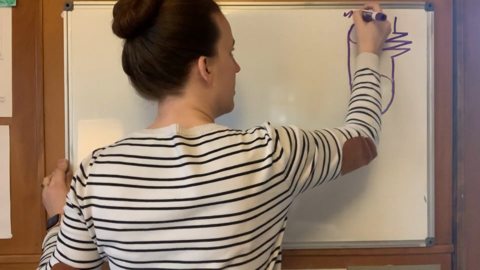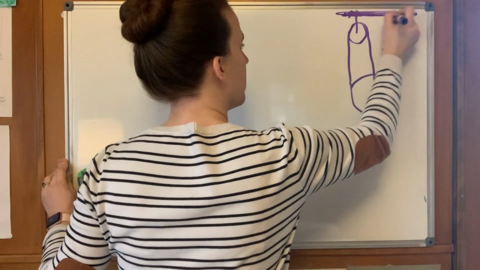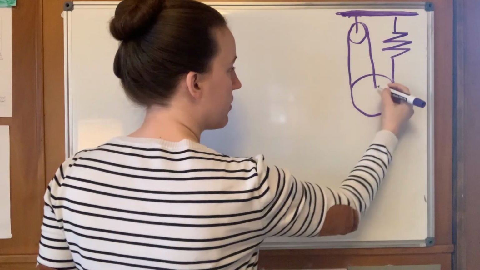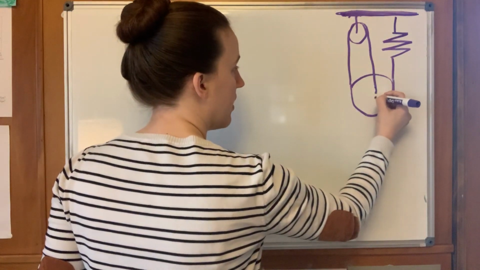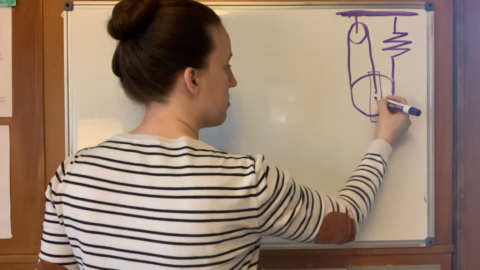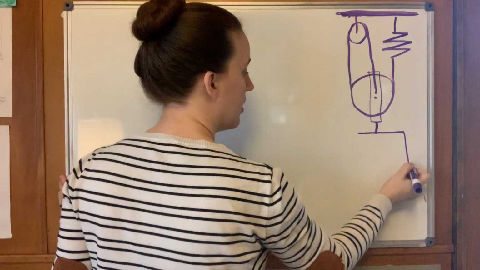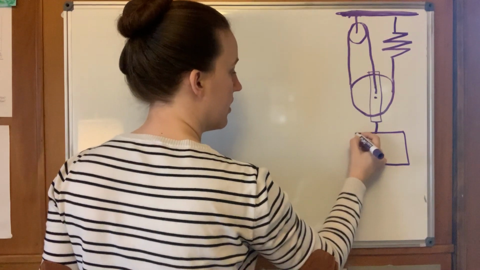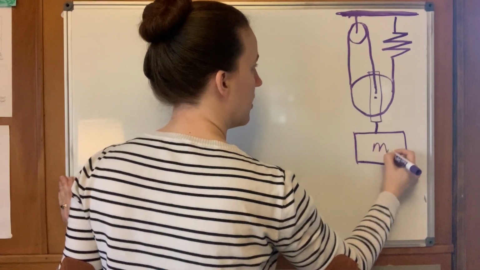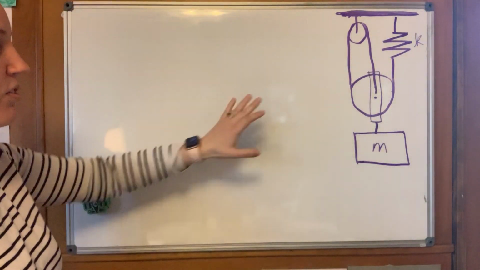And these cables are fixed to some nice rigid beam because we don't have to worry about that moving or vibrating. And so this pulley, maybe it has kind of this metal piece here, and from this pulley hangs our mass. And this spring will have some stiffness K.